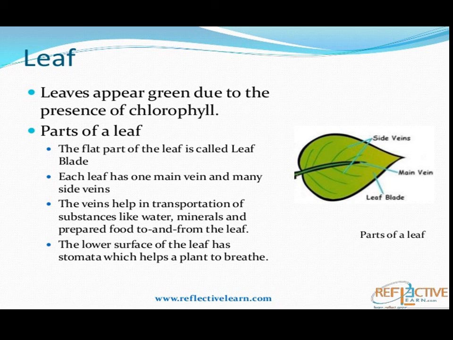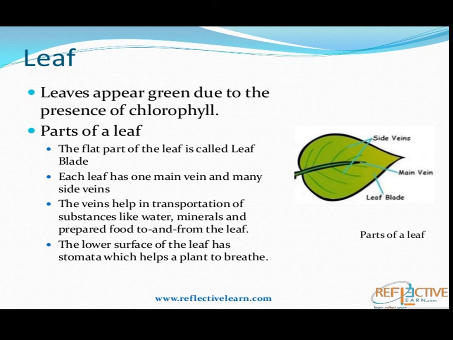Then the veins help in the transportation of substances like water, minerals and prepared food to and from the leaf. So you all are aware that plants make their own food. Where do they make their food?